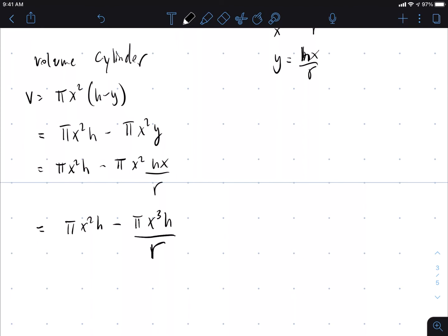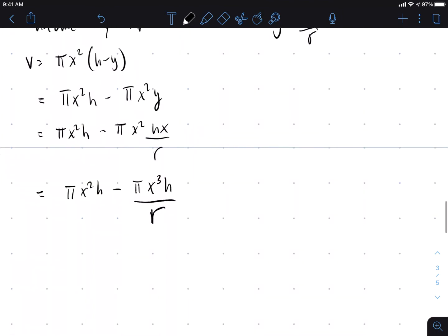I'm going to clean it up just so it's pretty because I'm all about pretty. Okay, so now from here we can take the derivative of this and check for a maximum, right? So when we take the derivative, v prime with respect to x is going to be 2 pi h x minus 3 pi h x squared all over r.